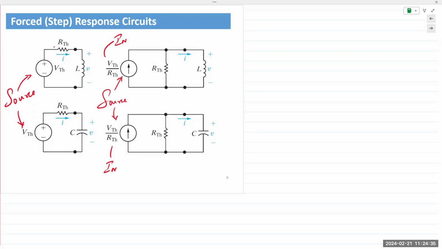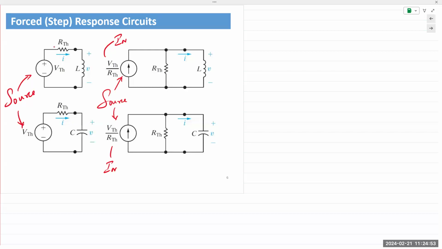I'll come back to this reference, but for now, just understand that if you add a source to an inductor or a capacitor, it is a forced response circuit. These circuits, by the way, are the simplest version for explanation purposes. Real life circuits are, of course, much more complicated.